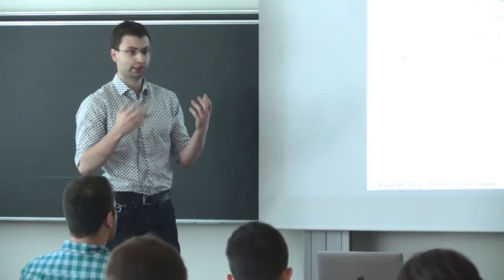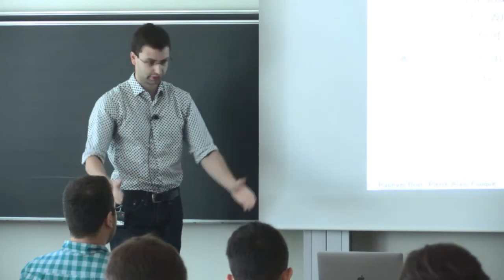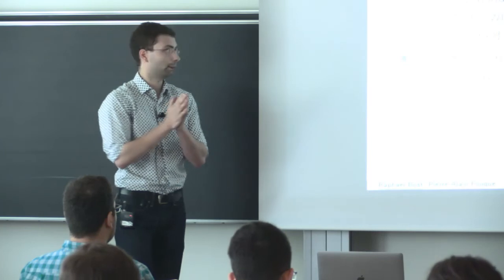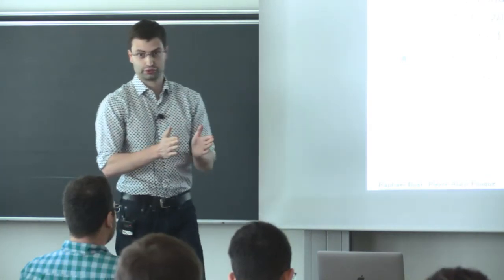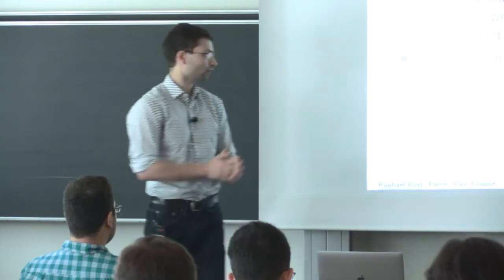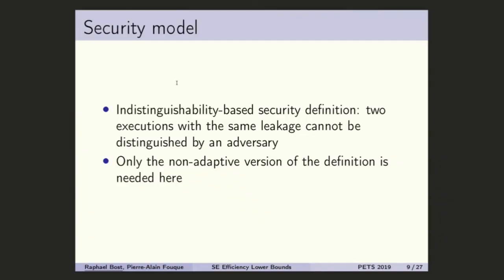So we want to be sure that if we have two sequences of queries that have the same leakage, they cannot be distinguished by any adversary after they're executed by the searchable encryption scheme. And in our setting, we only need a non-adaptive version of these definitions. So a very weak setting.